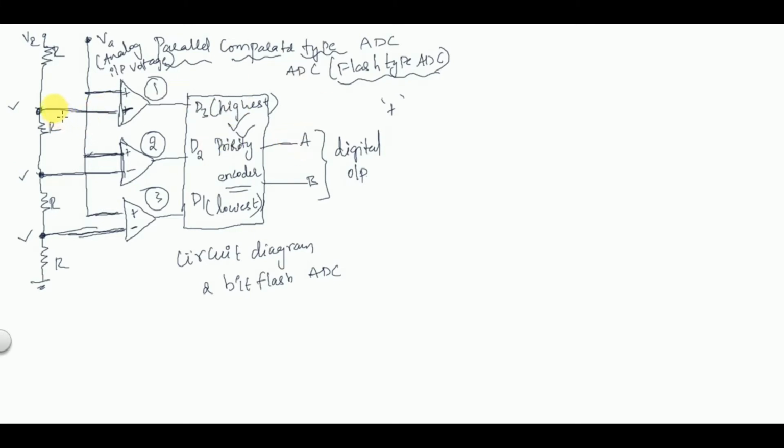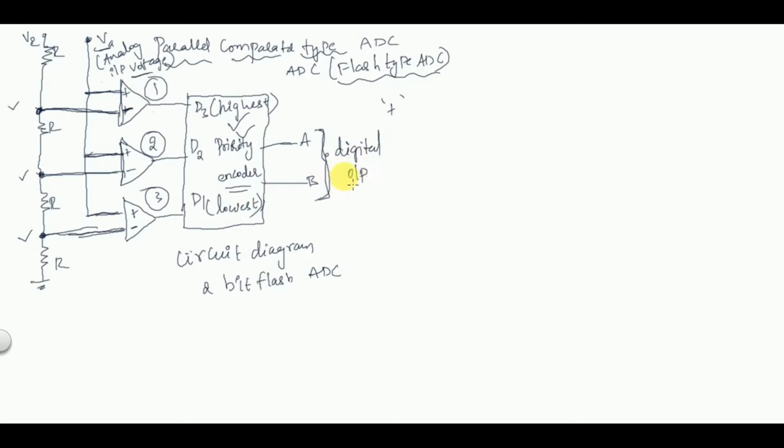Different voltages are going to be applied to different comparators, so that the output of each comparator may be either 0 or 1 depending on the 2 inputs. Depending on the outputs of the comparators, the priority encoder will make the corresponding digital output. This is how the analog input voltage is converted into digital output.